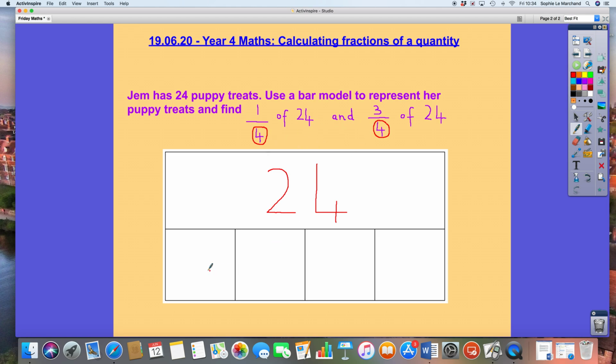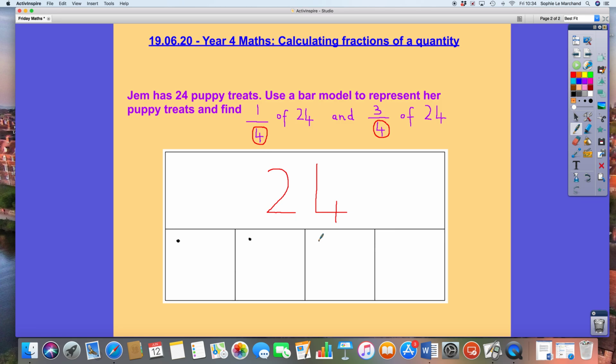So our second bar needs to be split into 4 equal parts. 1, 2, 3, 4. So what I'm now going to do is count out these 24 dog treats so that each of these 4 boxes has the same amount. So same process as last time, it's just we've got 4 boxes instead of 2 this time. So let's do that now.